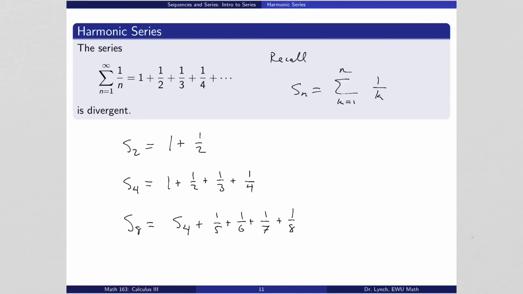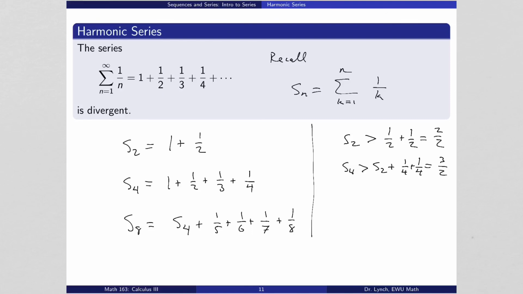Now there's a method to the madness here, and the method to the madness is the following. It should be quick for us to see that, for instance, s sub 2 is bigger than 1/2 plus 1/2, which is 2/2. Now similarly, s sub 4 can be expressed in terms of s sub 2, and it turns out to be bigger than 3/2.